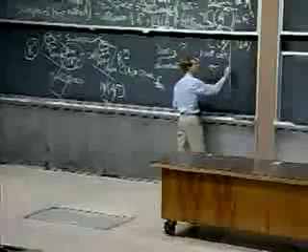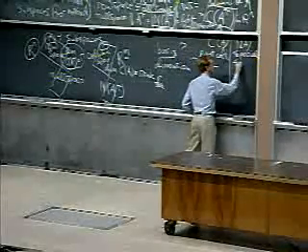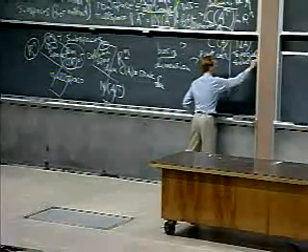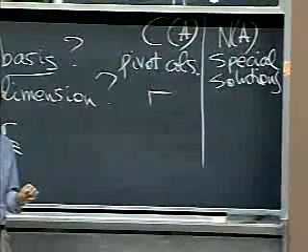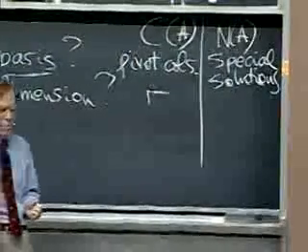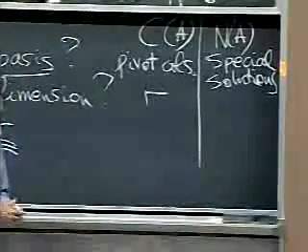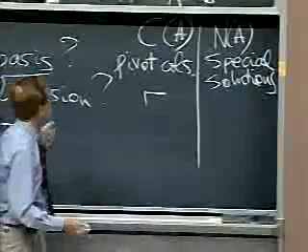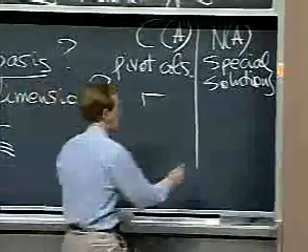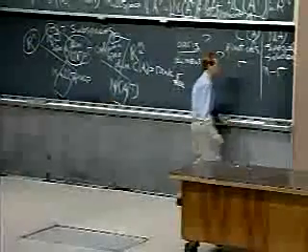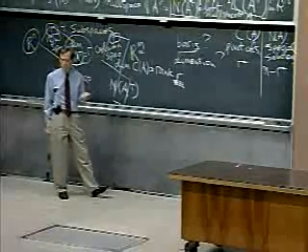So for the null space, a basis will be the special solutions. And there's one for every free variable, right? For each free variable, we give that variable the value 1, the other free variables 0. We get the pivot variables, we get a special solution. So we get altogether n minus r of them, because that's the number of free variables.